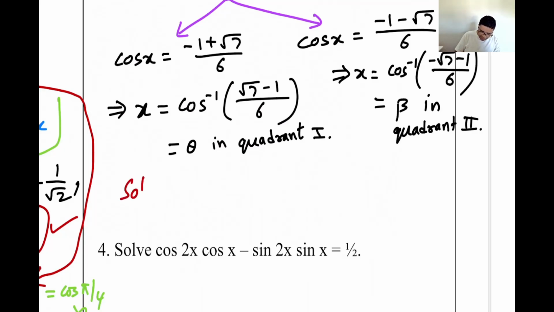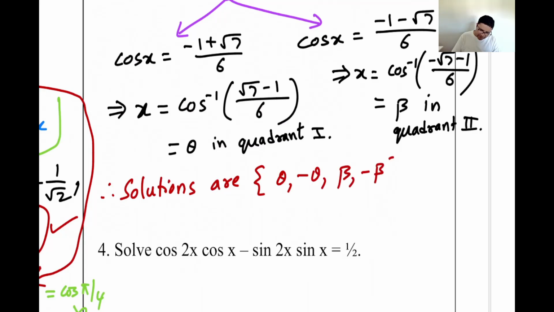Okay. Therefore I would say solutions are theta, and this is cosine, right? Minus theta, beta, and minus beta, where theta and beta are as above.